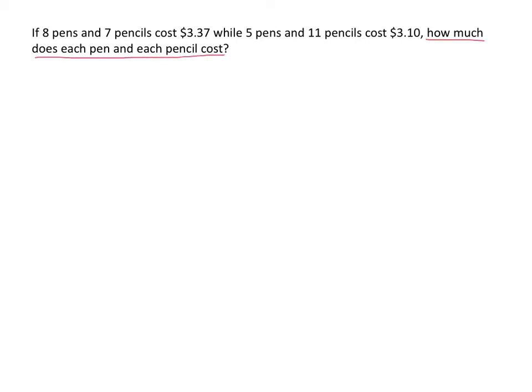So what I'm looking for is the cost of a pen and the cost of a pencil. So I might say I'm going to let X equal the cost of a pen, and I'm going to let Y equal the cost of a pencil.